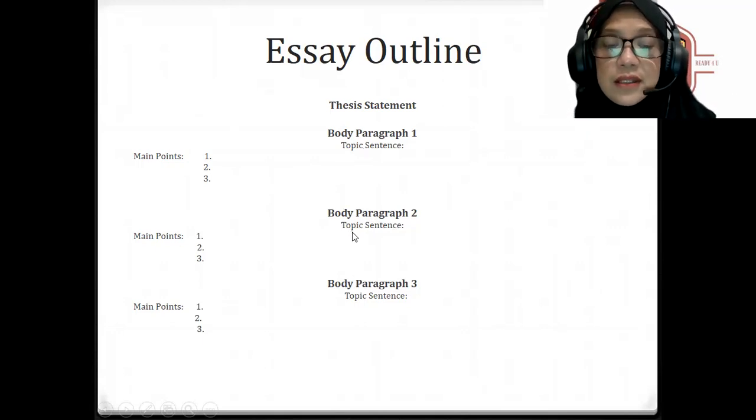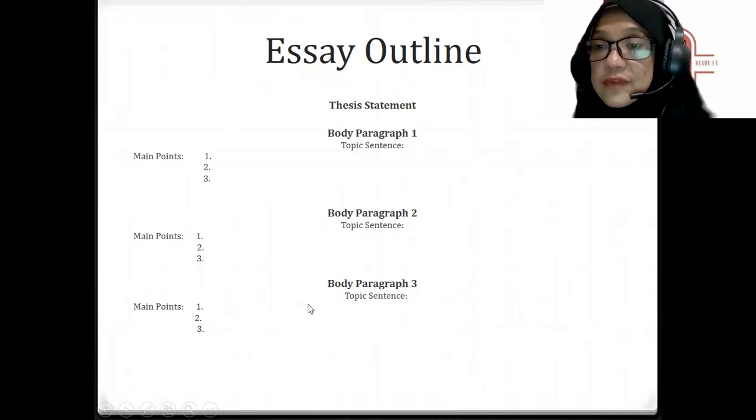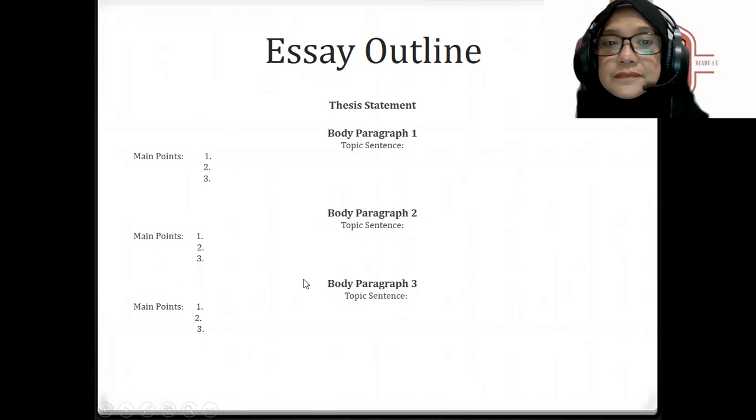Why do you say that? You justify. Why do you say that the cause of students' violence is because of their friends? Yeah, for body paragraph 2. And for body paragraph 3, you find points of why do you say that it is also the environment's fault that students are violent, right?